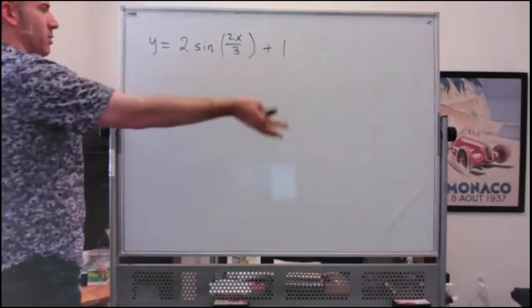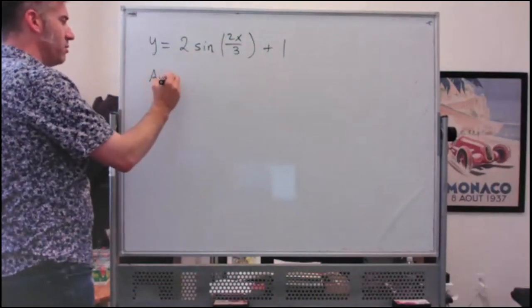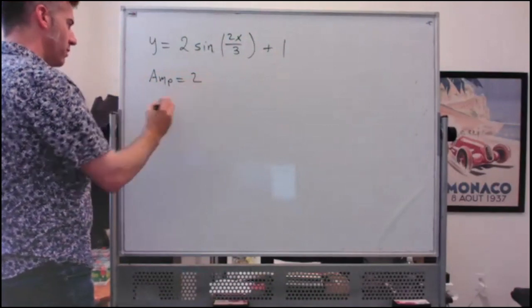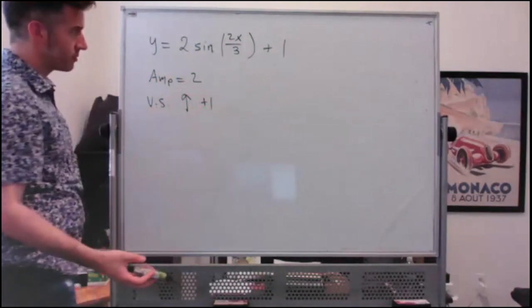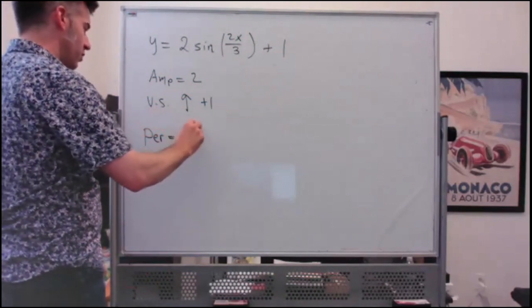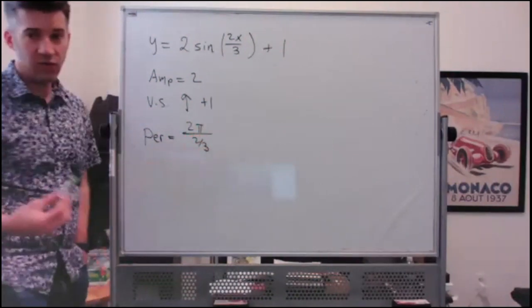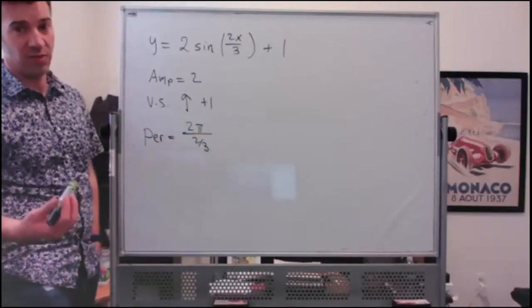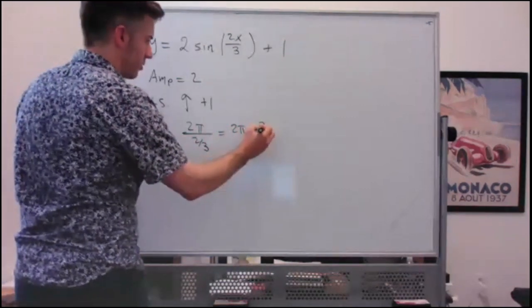So now we're graphing this one. I'm just going to write down some things. Amplitude is 2. Vertical shift is up 1. And the period is 2 pi divided by 2/3. Whenever you divide by a fraction, the thing you really want to do is just multiply by the reciprocal.